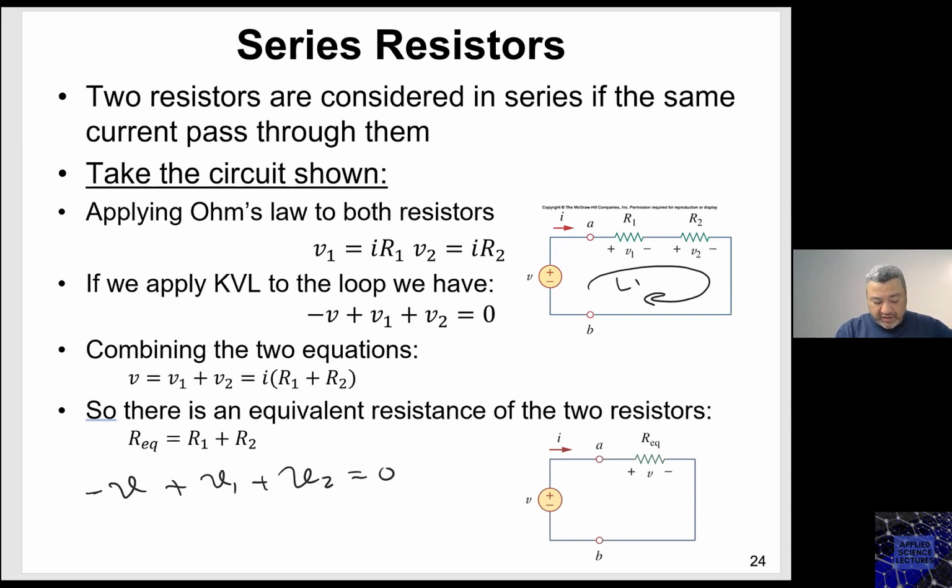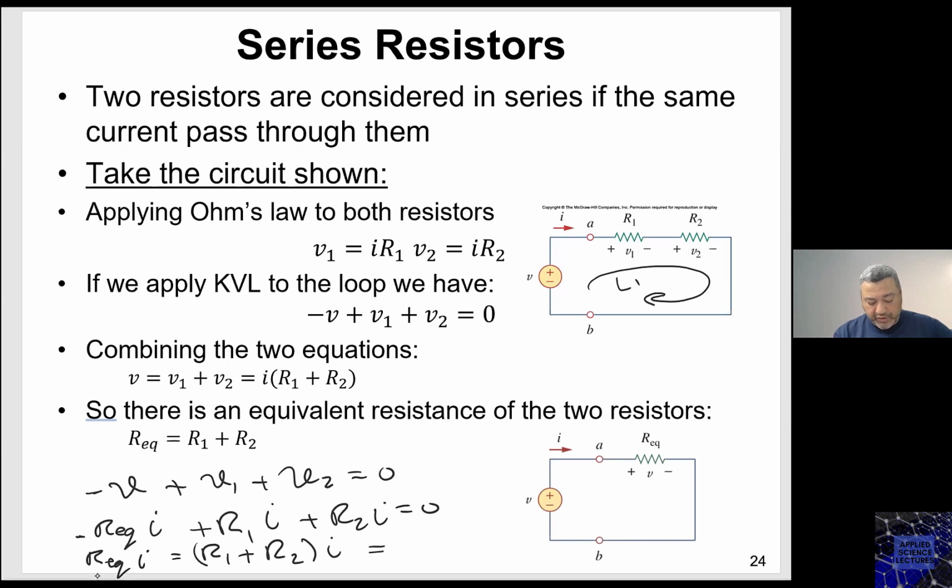However, this minus V is R equivalent I, and V1 and V2 are R1 I plus R2 I. Then if you take this to the other side and take I outside, R equivalent I equals R1 plus R2 times I. If you compare, you can see that R equivalent for the series case is the summation of those two resistors.